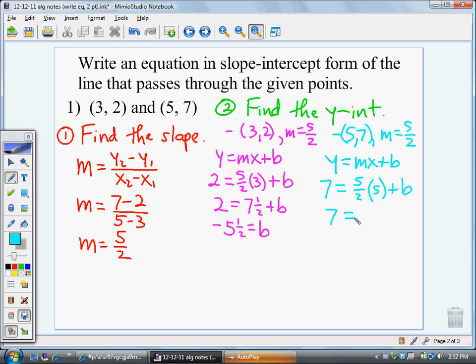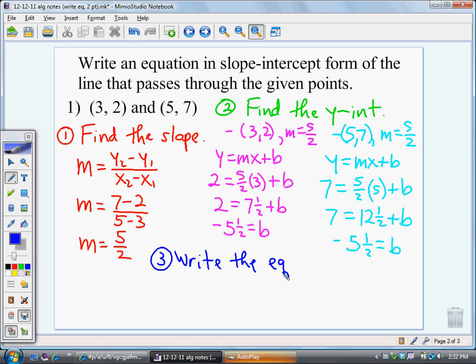And so 5 halves times 5 is 25 halves, or 12.5. When you subtract 12.5 from both sides, you get negative 5.5 equals b. And you can see that we got the same value for b. It didn't matter. And so now we're ready for step 3, which is write the equation.